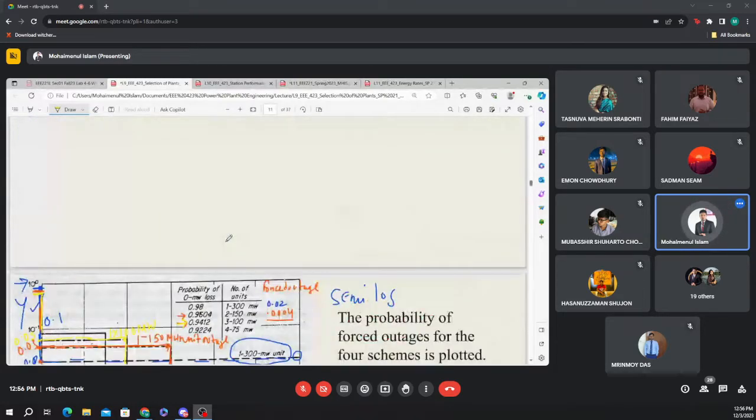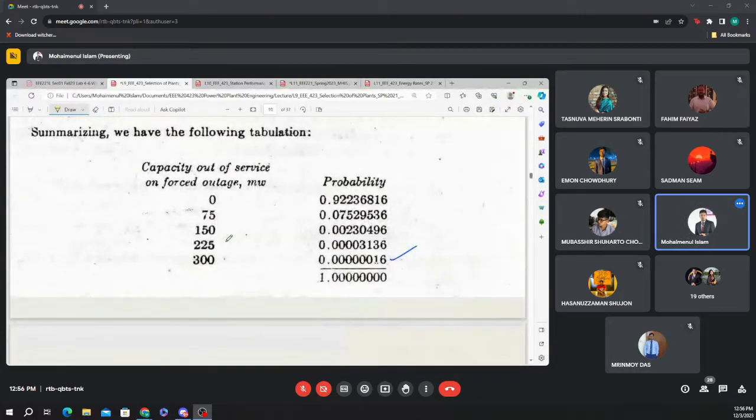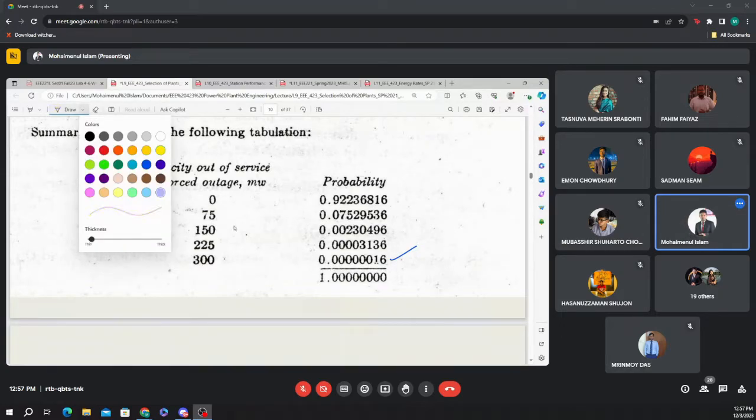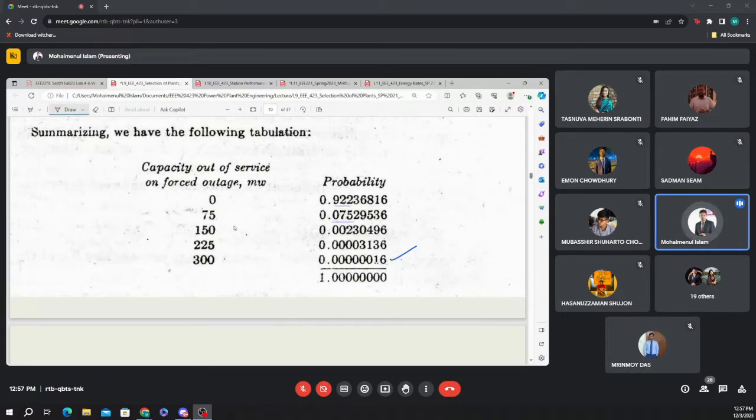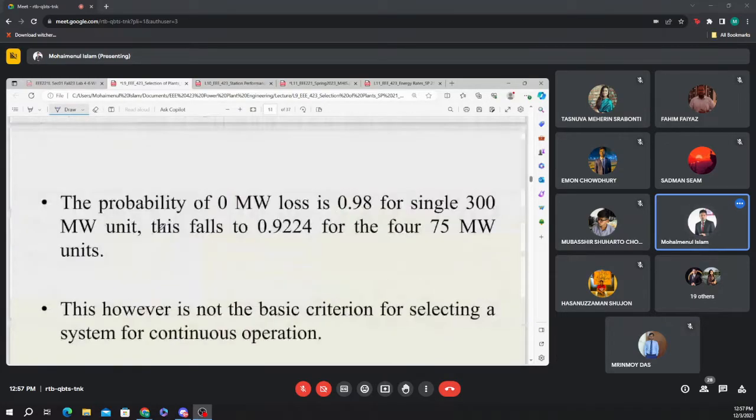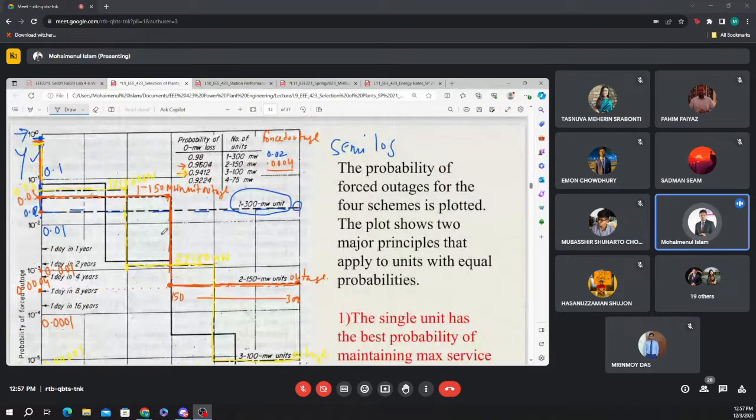Now number 4. Number 4 has a 475 megawatt unit. So from 0 to 75, the value falls from 0.92 to 0.075. So you should start from 0.92, which should be somewhere below 0.94.